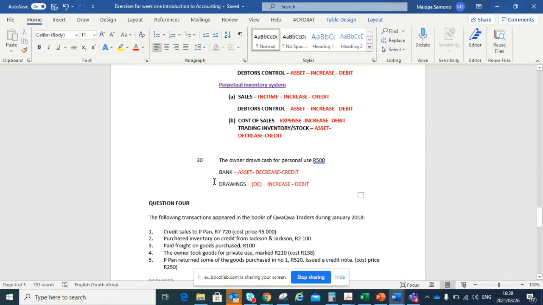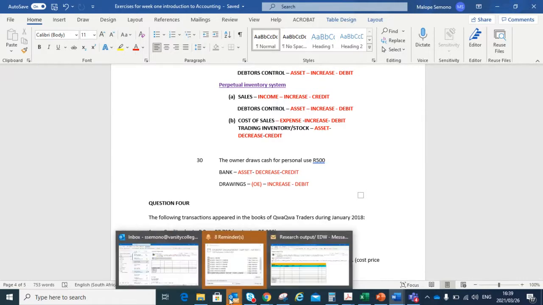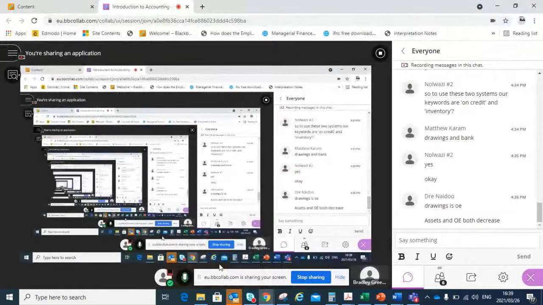You must know when to call it inventory and when to call it purchases. If the owner took equipment, you write equipment. If the owner took building, you put building. But drawings will always be there because the owner took something. Everyone must say yes if you understand what I'm trying to say.